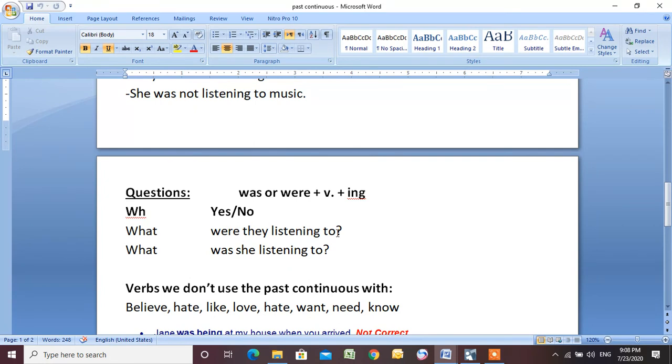Were they listening to music? Or was she listening to music? If I want to form a WH question, what were they listening to? Or what was she listening to? As you see here, we used was or were as helping verbs.